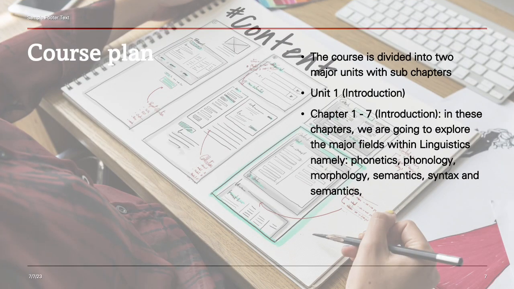The course plan: Introduction to Linguistics for second year mainly tries to cover four main learning units. The first one is an introduction, and it is composed of 7 chapters. The first 7 chapters mainly describe the subfields of linguistics like phonology, phonetics, morphology, syntax, semantics, and pragmatics.